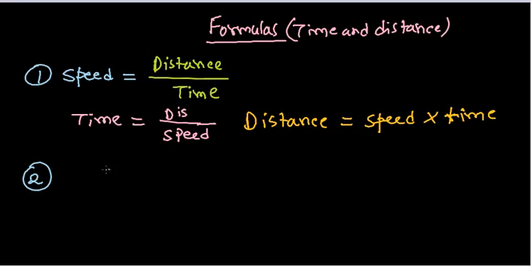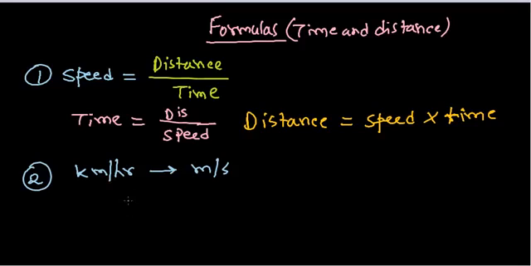For that reason, we need to convert kilometer per hour to meter per second. So how do we convert? You can go for a systematic approach: convert kilometer into meter by multiplying it with 1000, then convert hour into second, then divide.